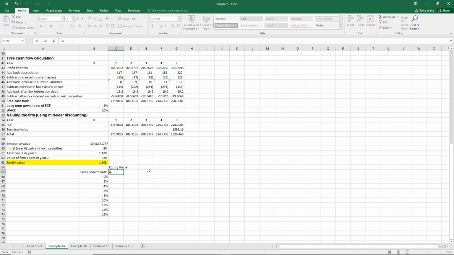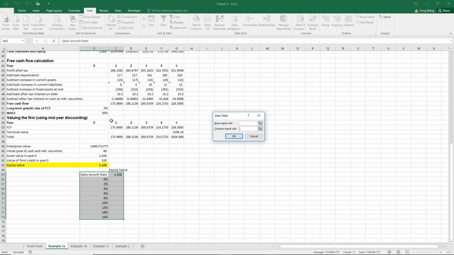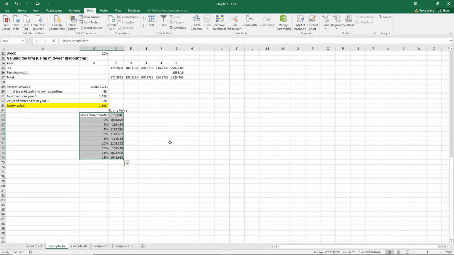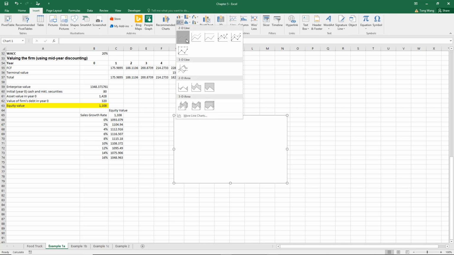Equity value is in B63. So this is going to be the equity value corresponding to each forecast of sales growth rate. If you like, we can insert a picture, I think, to make things more clear.